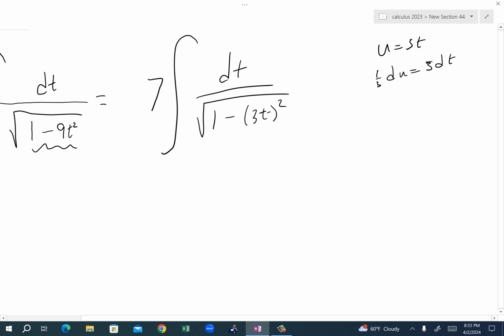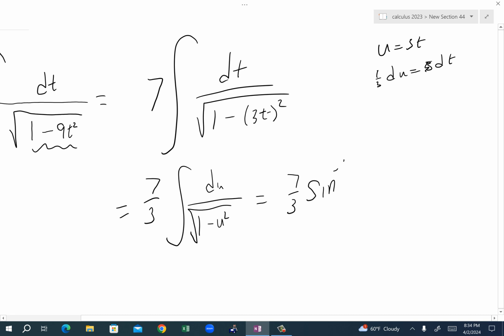I don't have a 3 dt, I have a 1 dt, so I have 1/3 of a du. And then it's du over the square root of 1 minus u squared. And of course that is baby arcsine of u. Huzzah!